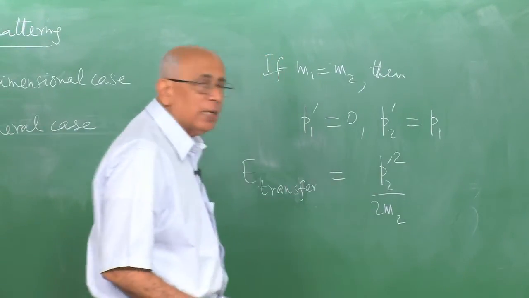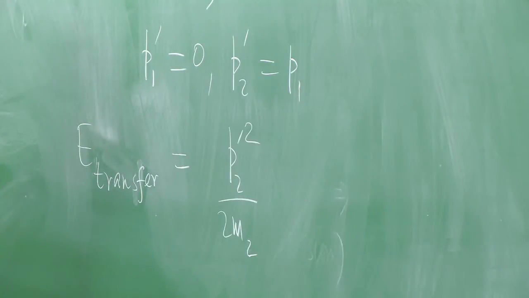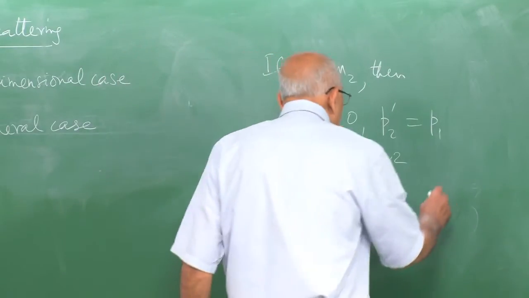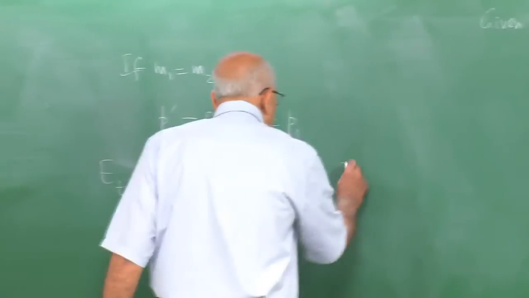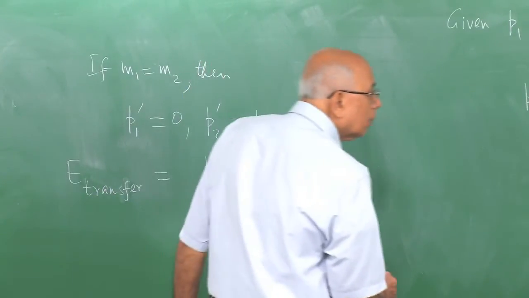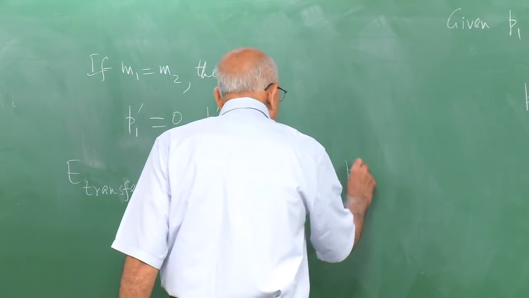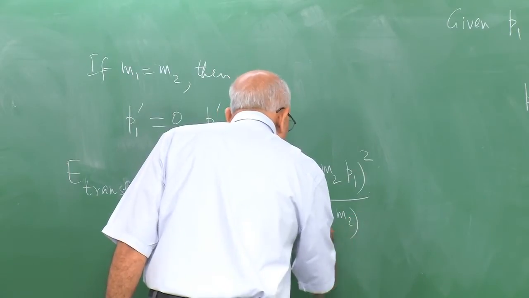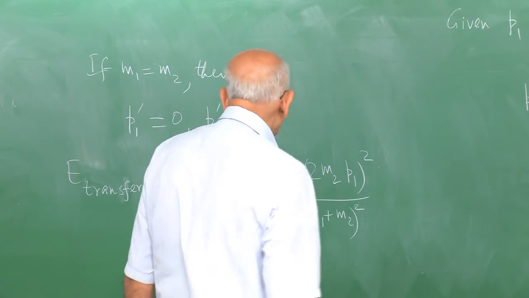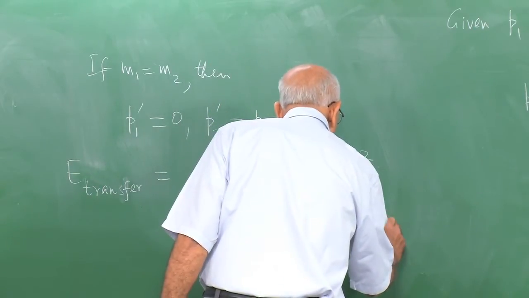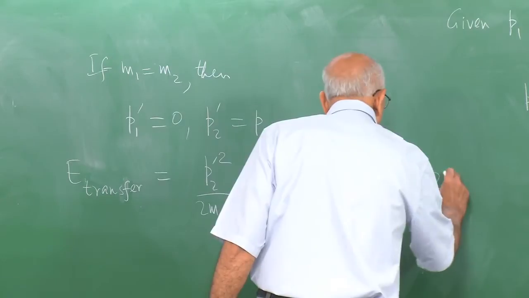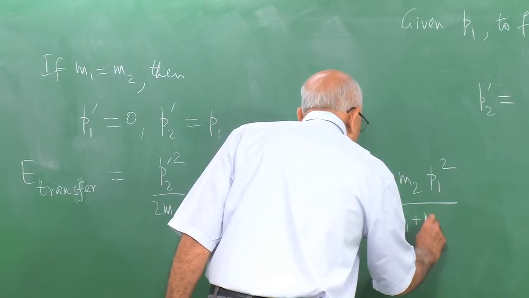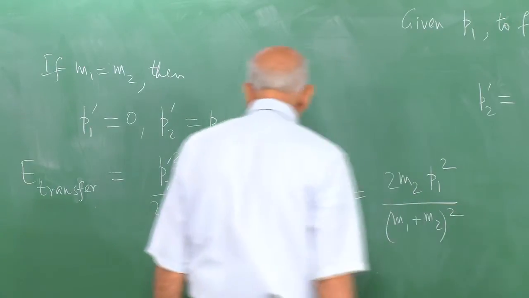So that's the amount of energy transferred from the projectile's initial state to its final state. The difference between the two is precisely this quantity. But what is that equal to? That works out to twice m2 P1 squared over m1 plus m2 the whole squared, over 2m2. So this is equal to twice m2 P1 squared over m1 plus m2 the whole squared.